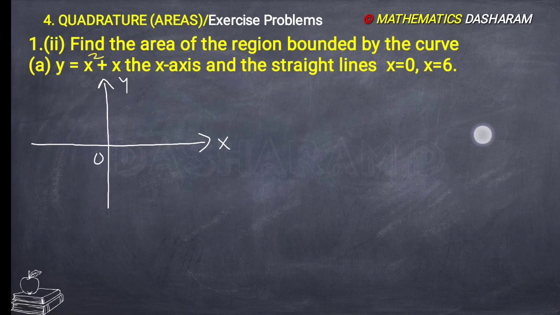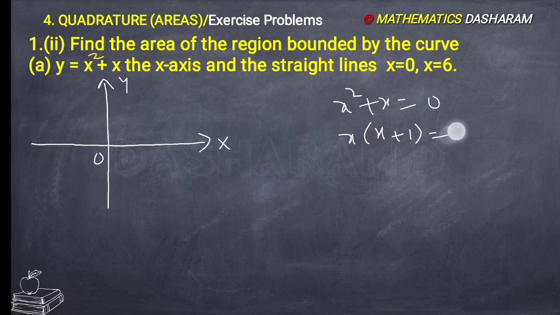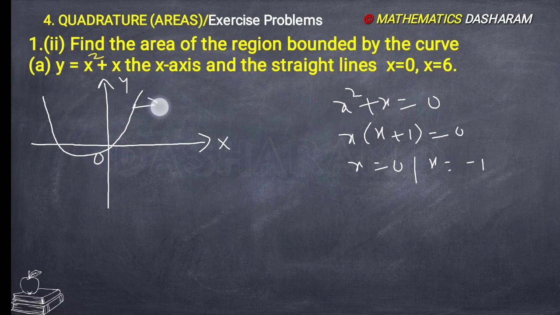Let us find the zeros: take x common, x times x plus 1, so x equals 0, x equals minus 1. So this is y equals x square plus x.